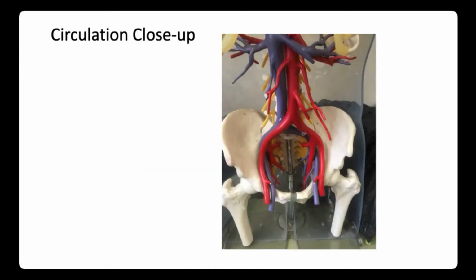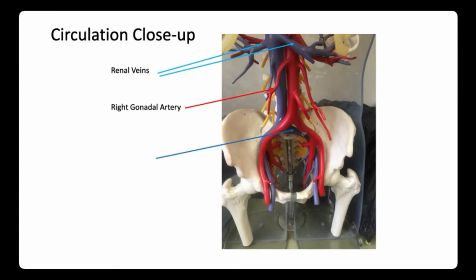Some circulation up close, right here. Yes, that's going to be our left and right renal veins. What about here? That's right. Right gonadal artery. About right here. You got it. Left and right iliac veins.